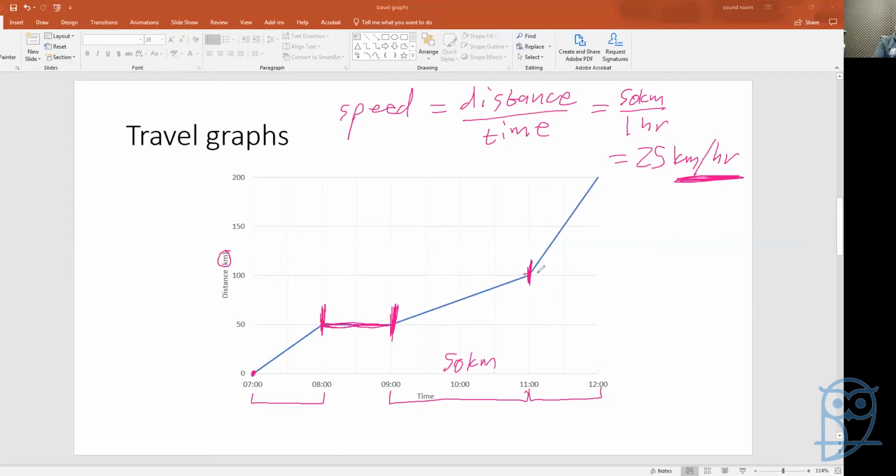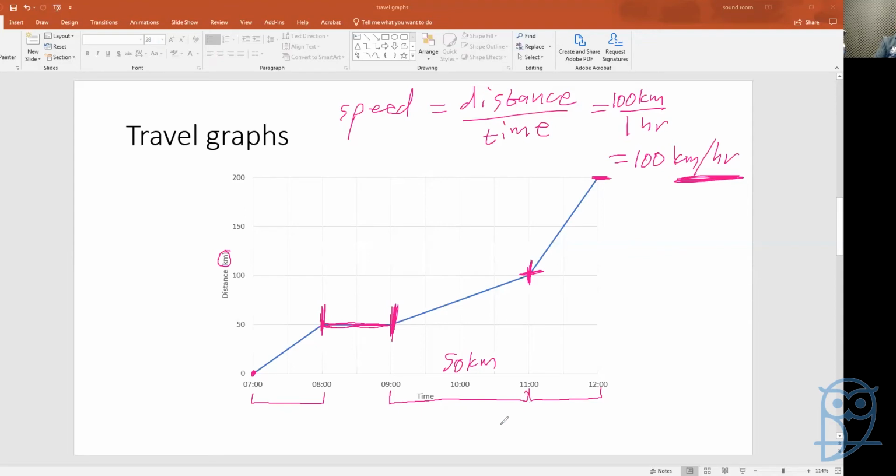Well, they were at 100 k's distance. Over here, they're now at 200 k's of distance, meaning that they have traveled 100 kilometers.